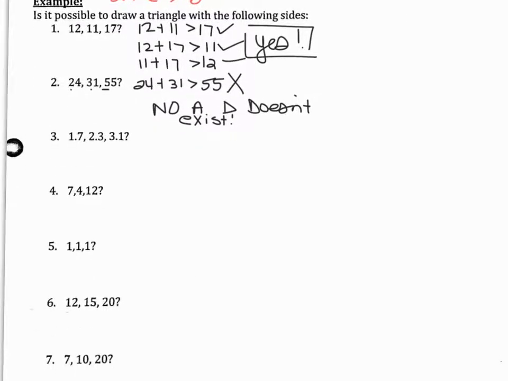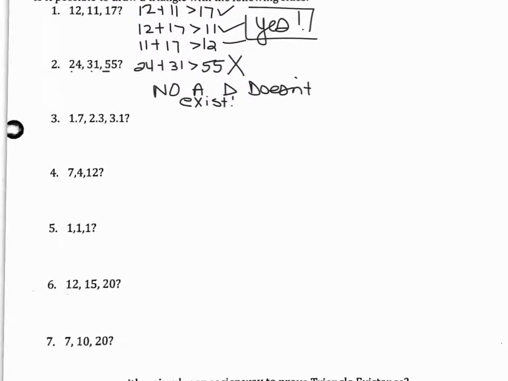So let's do one more together, and then we'll kind of cheat the system here and think about it. Let's try this one. I'm going to do 1.7 plus 2.3, and I want to know if that's greater than 3.1. 1.7 plus 2.3 is 4. 4 is greater than 3.1, so yes, that works.